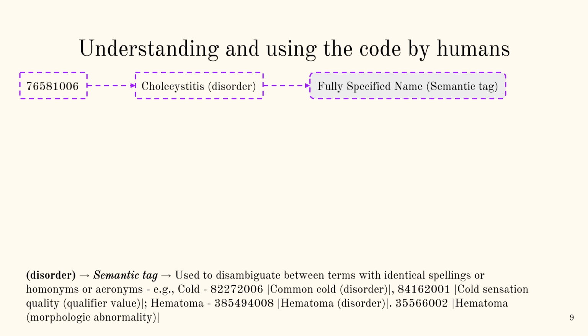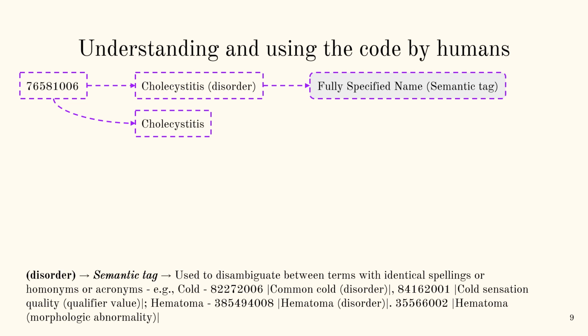All right, so this is what the number means. But what about the user? How is the user going to use this particular number within the system? This number is tagged to the word cholecystitis, the clinically useful term. Here I must add that usually the fully specified name is something that doctors or care professionals can understand.